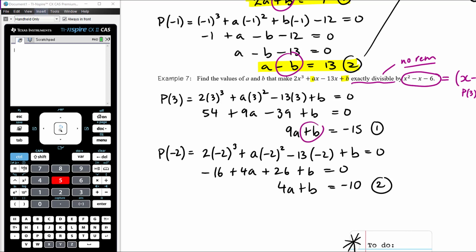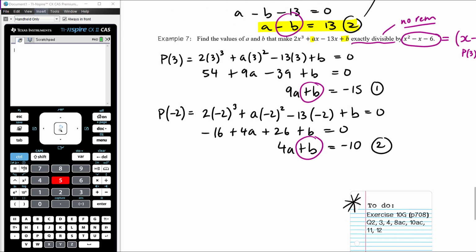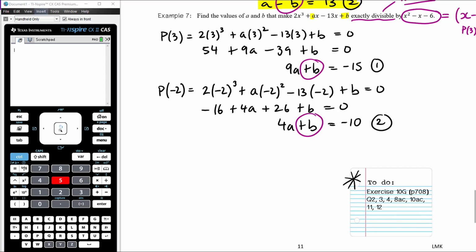Now, again, we've got a nice like term here that's going to eliminate very nicely. So this time we're going to need to subtract them in order to eliminate. So we're going to do equation 1 minus equation 2. So 9a minus 4a is 5a. b minus b, they eliminate. Negative 15 minus minus 10 is negative 15 plus 10, and so that's negative 5. And so a is negative 1. And then we can sub a back into either of those equations.